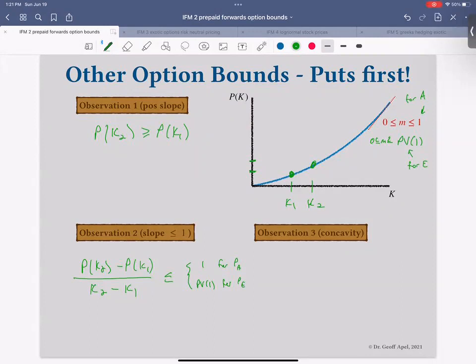Now the reason for that is, if I went from, let's say, $100 to 101, so the strike goes up by $1, I can think of how much that extra dollar would probably mean to me now. It's going to go up an extra $1, so I shouldn't really have to pay more than an extra $1, because in the future, this one might pay up to an extra $1 versus this one.